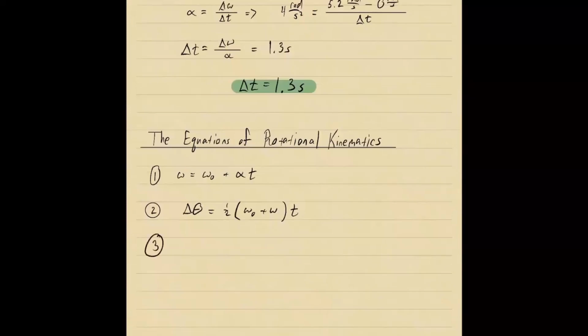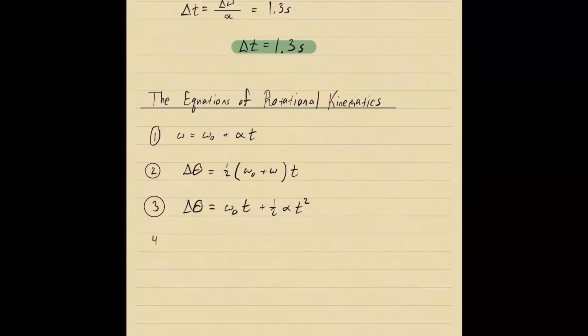Equation 3, our third constant angular acceleration rotational kinematic equation, says that our angular displacement can also be calculated as our initial angular velocity times time plus 1/2 times our angular acceleration times time squared.